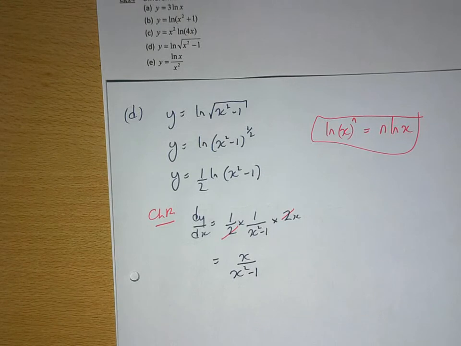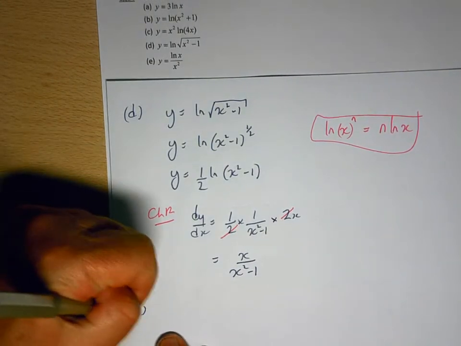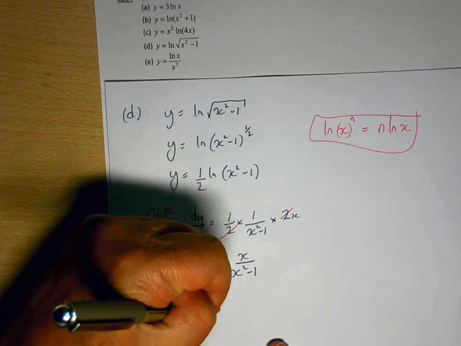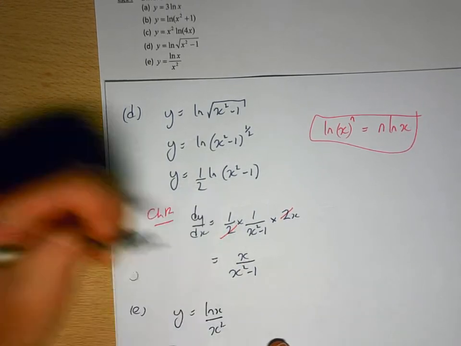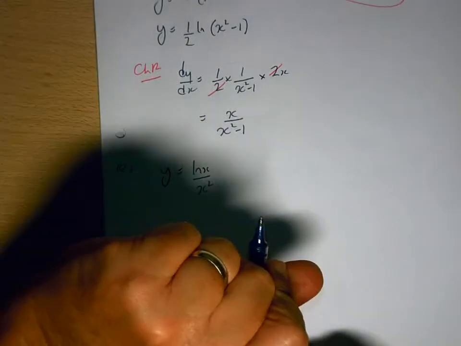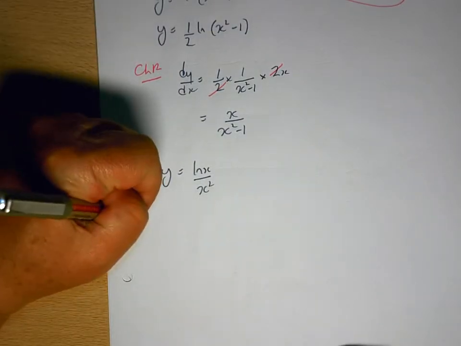And then the final example that we practice together, y equals ln x over x squared. It's a fraction, so we can use the quotient rule.